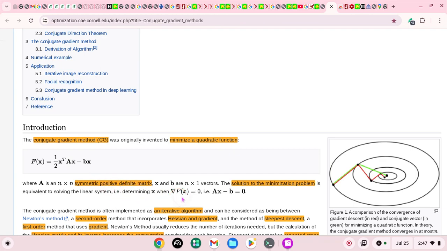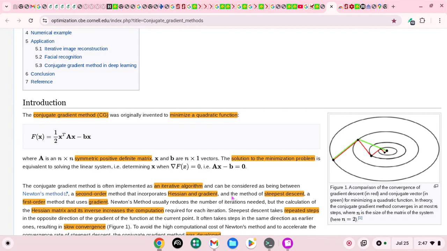So ultimately, the conjugate gradient method is applied to find the solution of this linear equation Ax minus b equal to 0. It's an iterative algorithm that tries to find better solutions than the previous iterations.